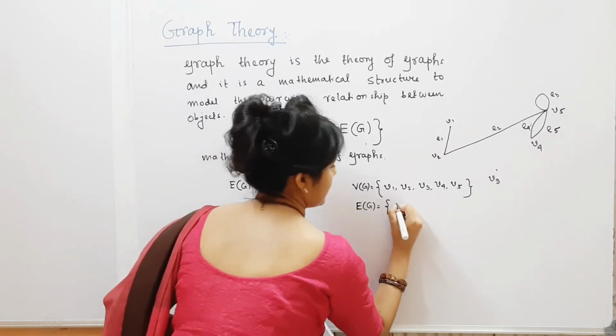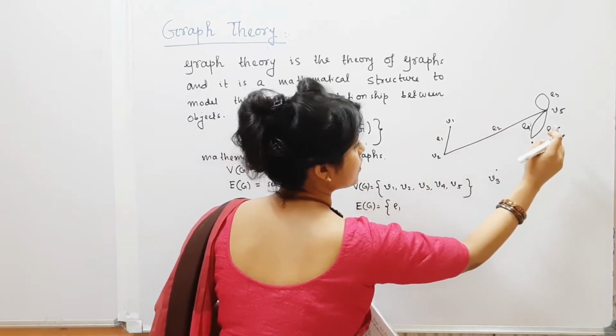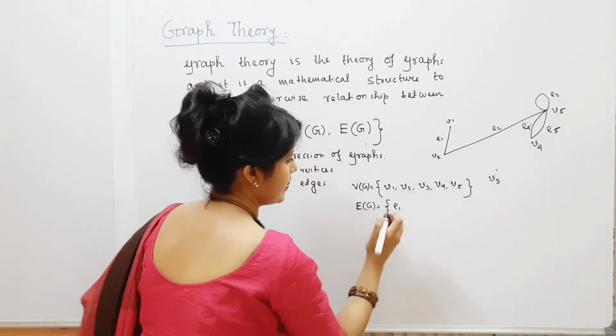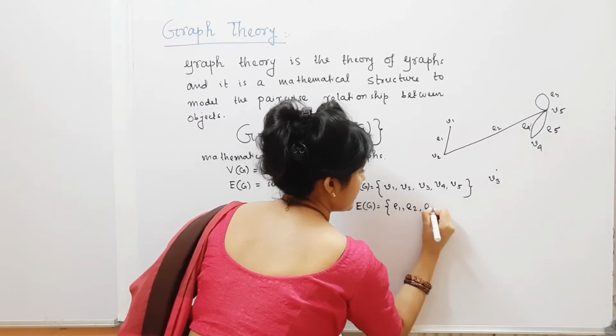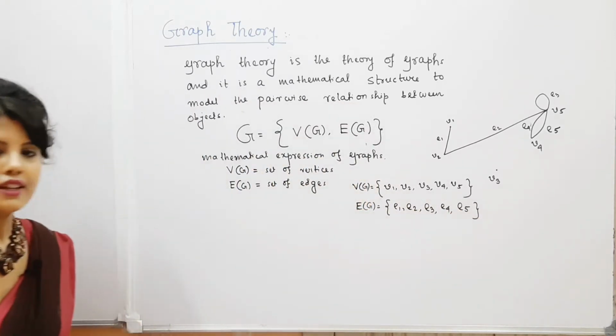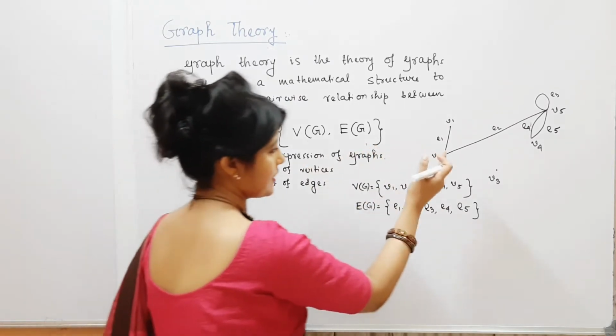That is E1, E2, E3, E4 and E5, and no edges are associated with V3. So these are the edges in this graph.